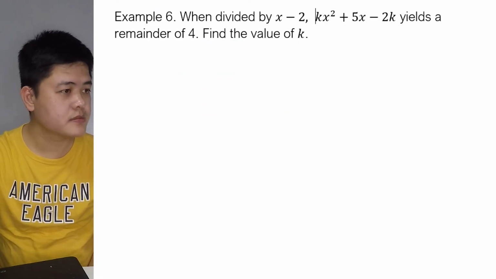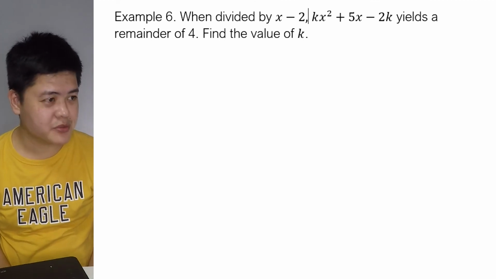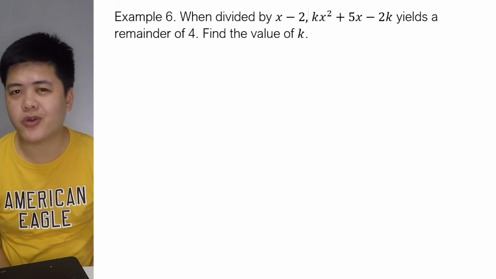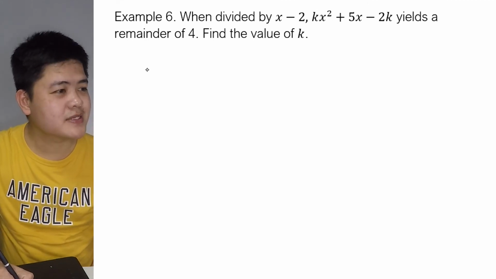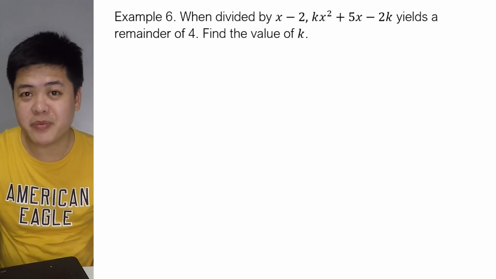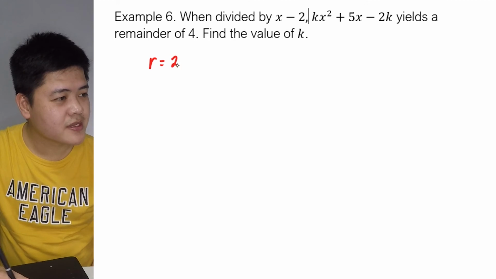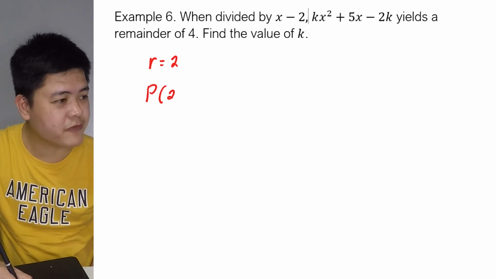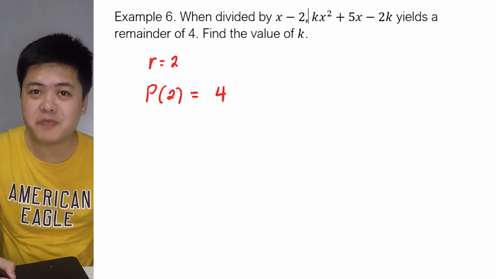Let's have example 6. When divided by x minus 2, kx squared plus 5x minus 2k yields a remainder of 4. Find the value of k. In this case, since the divisor x minus 2 is already in the form x minus r, r is equal to 2. The remainder, which is p of 2, is equal to 4. So let's determine p of 2.